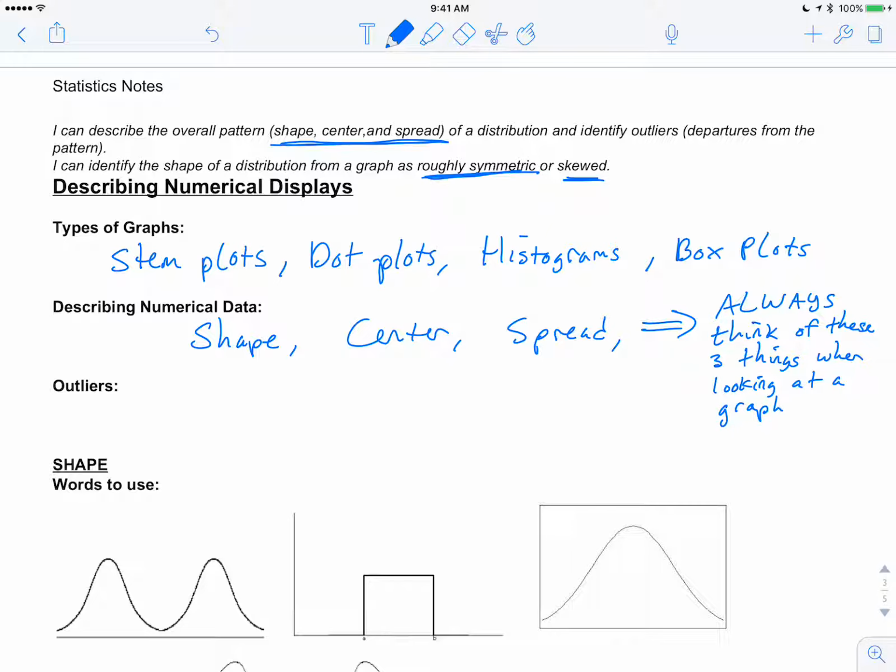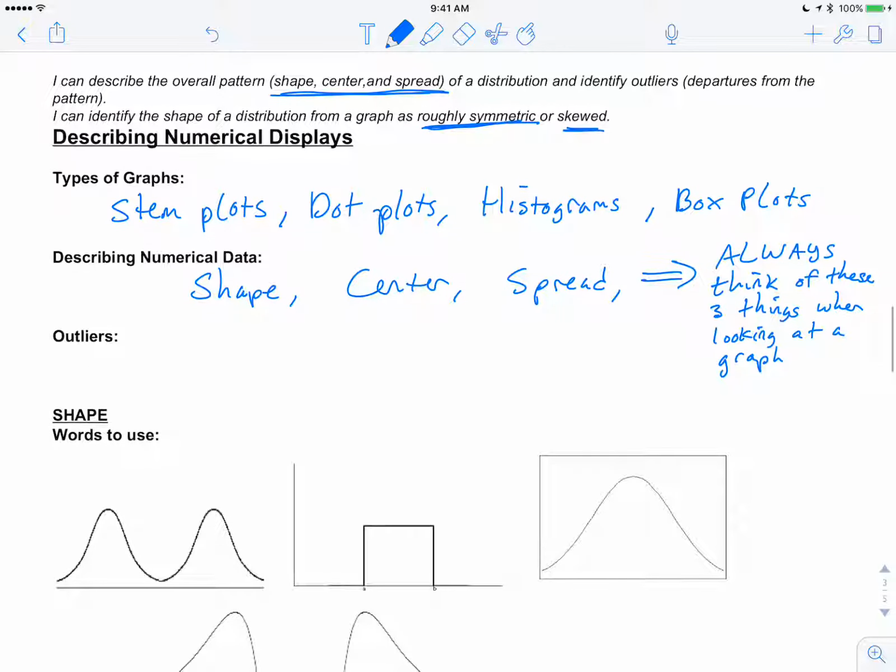Your mindset should be, when you first look at a graph, what's the shape, center, spread, and then we'll do whatever we're talking about. The first thing you do is shape, center, spread, every single time. It gets you really looking at what kind of data set it is, because the shape, center, spread tell you quite a bit of information right up front, and then you can start going into some deeper questions after that.